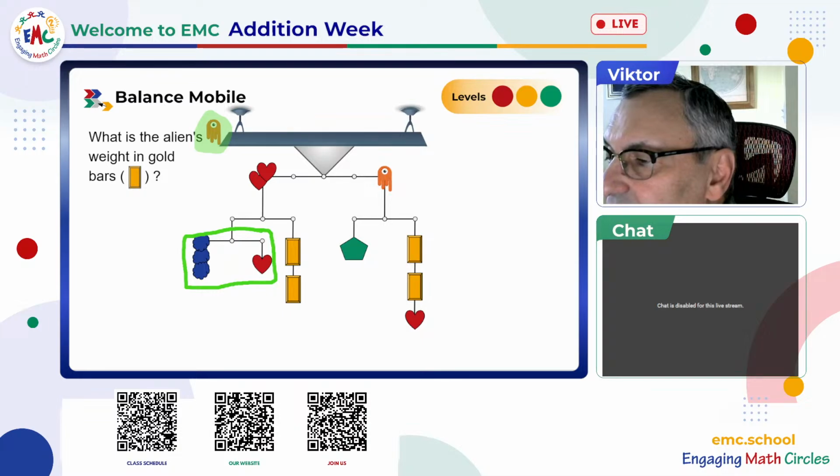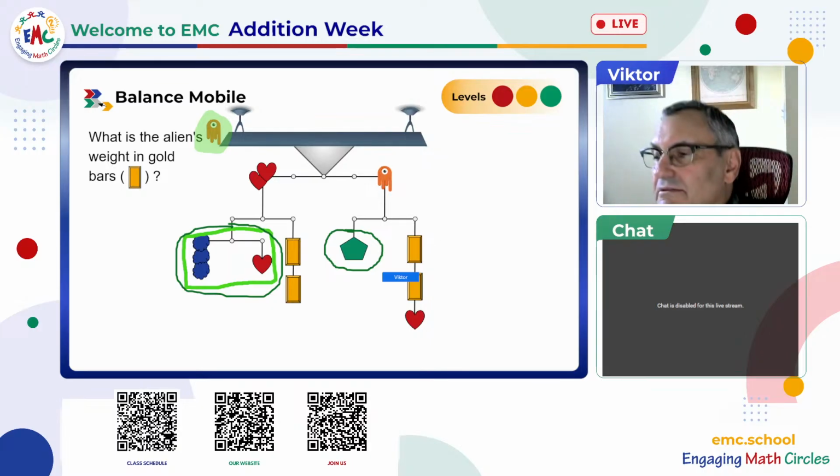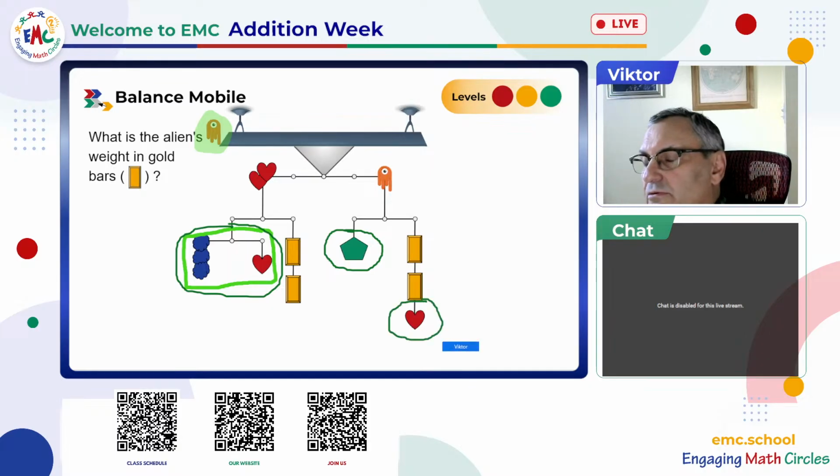So I think that this should be equal to this one in weight, because if they are, maybe not, because here we have the red heart also. So probably we can say that the difference between those two. If we have a heart here, that means that this is an extra heart on that scale compared to this scale, right?